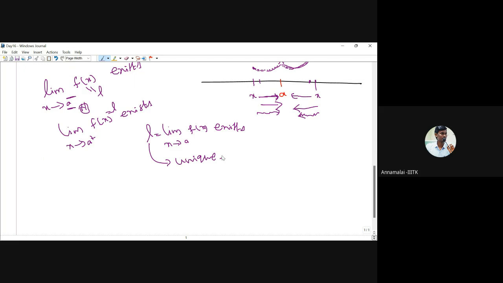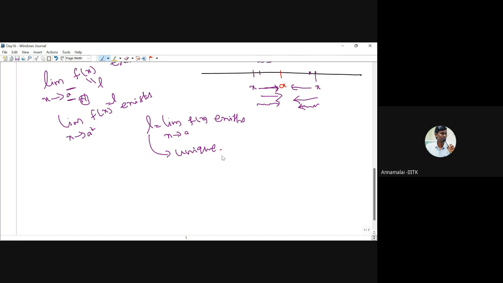Now I state the definition of limits in terms of sequences.